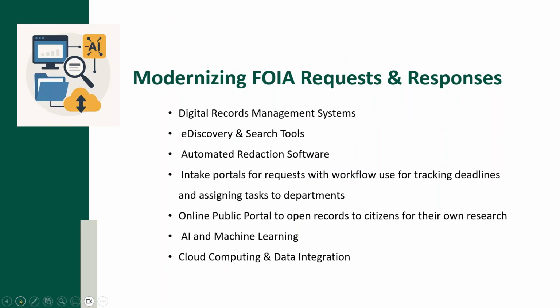Third, redaction. Redaction is a lovely thing, and when you have to do that manually, that is a 3 or 4 step process. You take a piece of paper, you put it on a copier, you make a copy of it, you redact it, and then many of my clerks will tell me that they have to copy it again with the redaction on it, so that the citizen actually can't read through that redaction on paper.